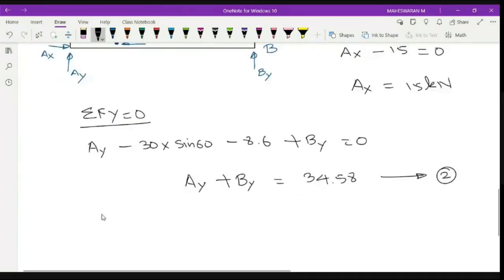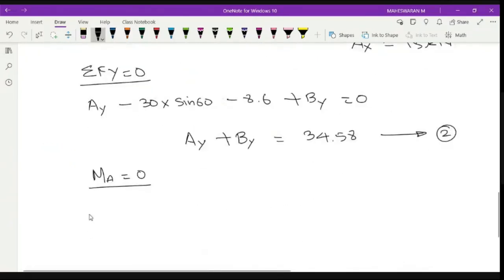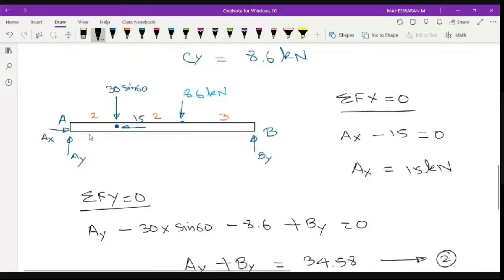So this part is also over. Next, I'm going to take moment. Let me take moment at A and equate it to 0. So 30 sine 60 into 2. Force into perpendicular distance. Rotation is clockwise. So minus 30 into sine 60 into 2. Right? 15 doesn't have distance. Distance is 0, so I'll leave this.